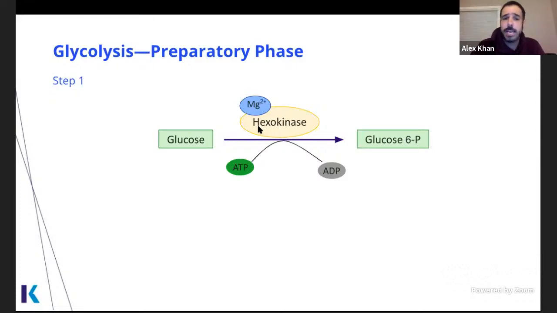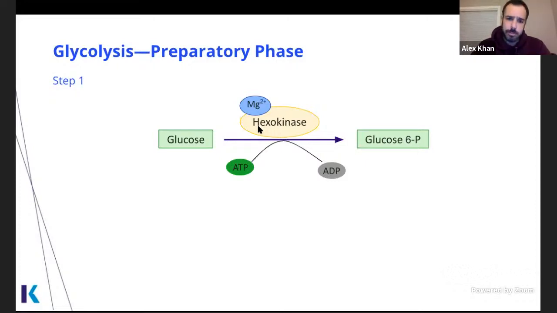And hexokinase is called that because it phosphorylates a 6-carbon molecule, and it adds that phosphate on the carbon in the number 6 position. So that's why we use this enzyme, and that's why it's called hexokinase.